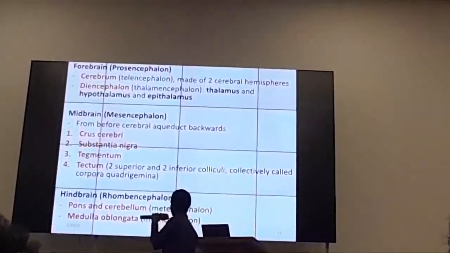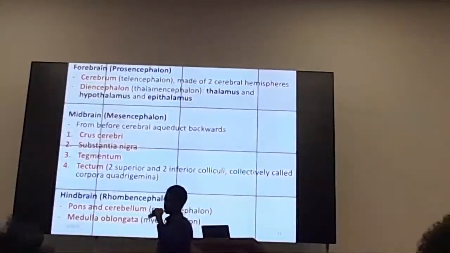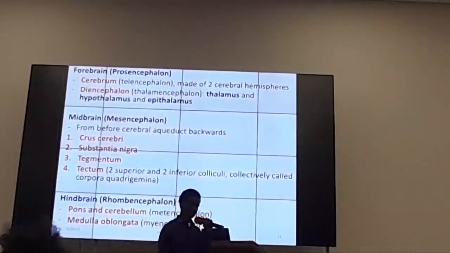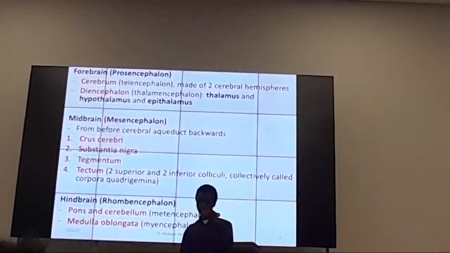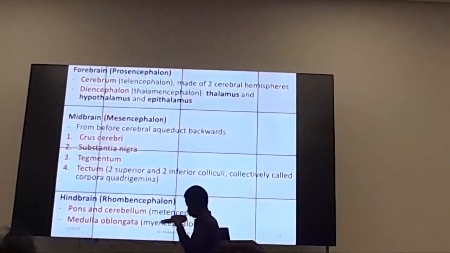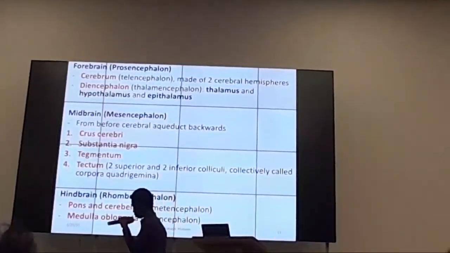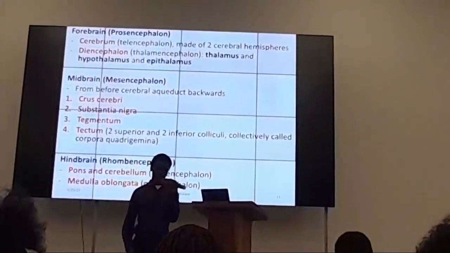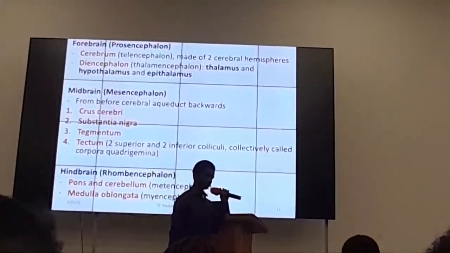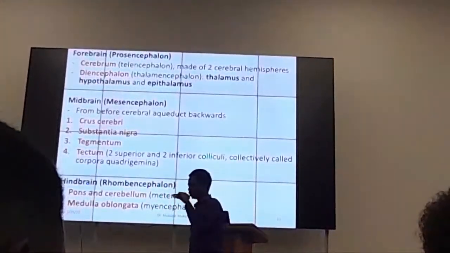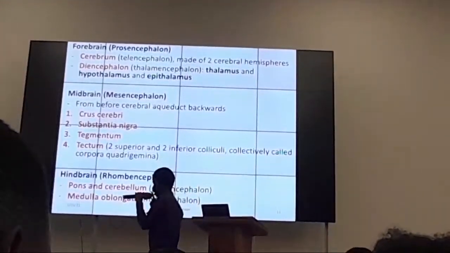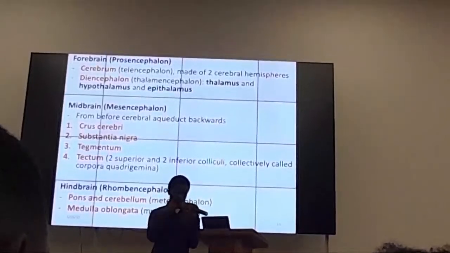Coming to the midbrain, the midbrain is divided as well. The midbrain has 4 parts, and from anterior to posterior, we have the crus cerebri, the substantia nigra, and tegmentum and tectum.